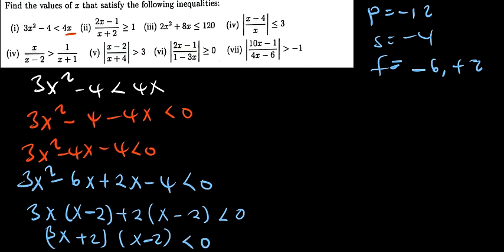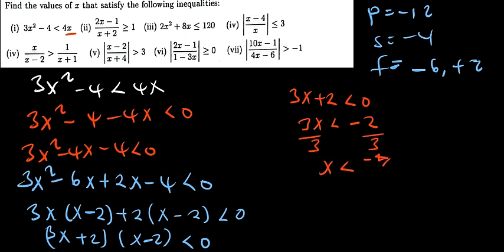Then I can clearly say that I'm going to have 3x plus 2 less than 0, shift 2 to the other side, 3x less than negative 2, divide by 3, x less than negative 2 over 3. Another one, since it is x minus 2 less than 0, x will be less than 2.